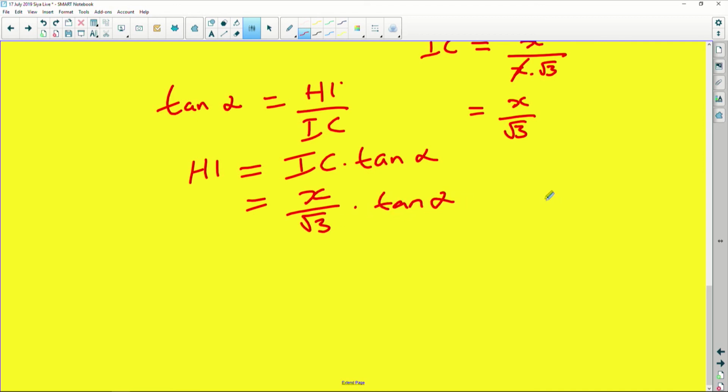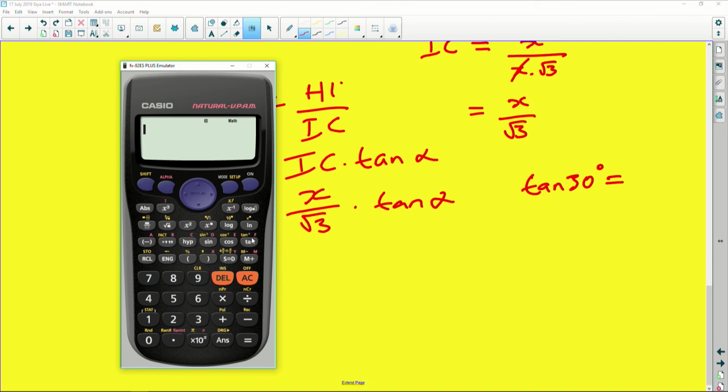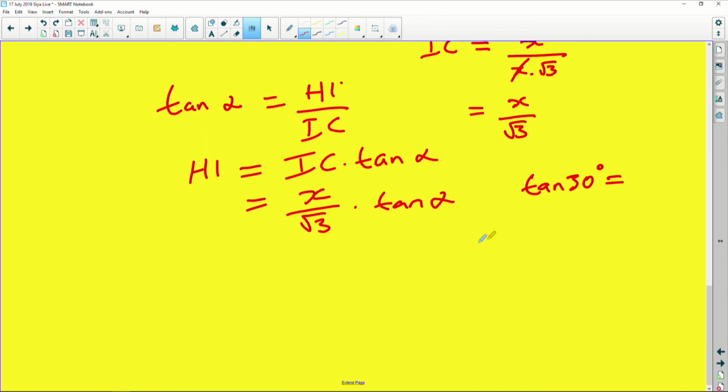Remember, from special angles, guys, tan of 30 degrees. If you go back to your calculator very quickly, and you say tan of 30 degrees, you see it gives you root 3 over 3, which means it is 1 over root 3. So if I want to make root 3 the subject of the formula, then root 3 is equal to 1 over tan of 30 degrees.